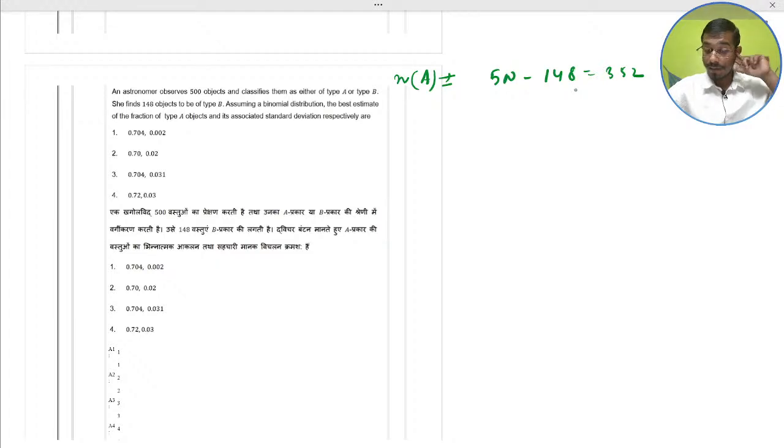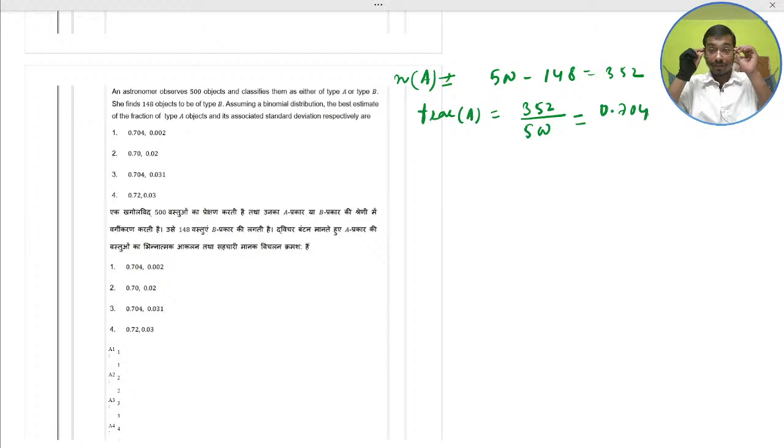So the binomial distribution says that the fraction of A means 352 divided by 500, what? This is equal to 0.704.